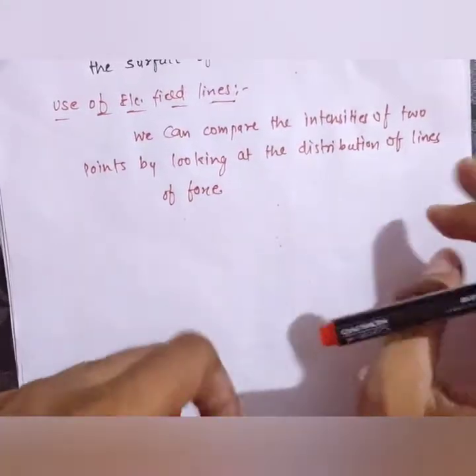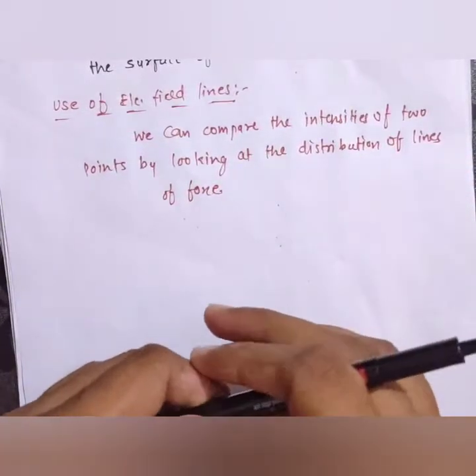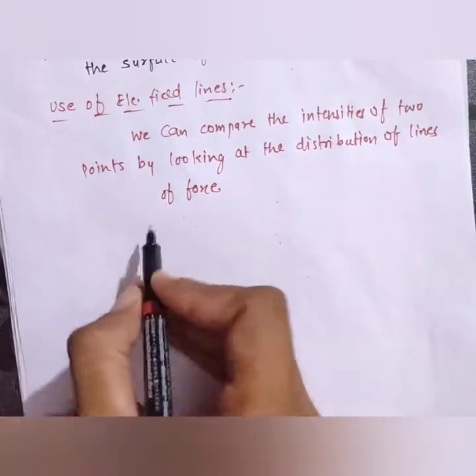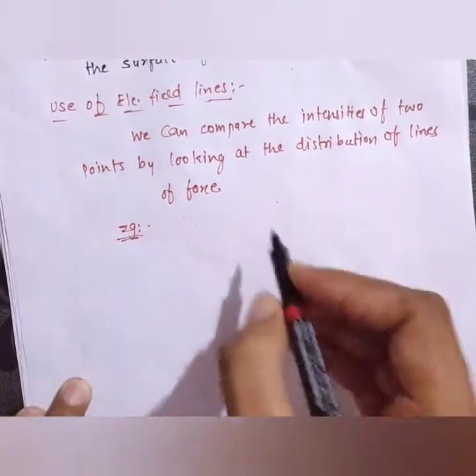What is the use of electric field lines? We can compare the intensities of 2 points by looking at the distribution of lines of force. To understand this, we take an example here.